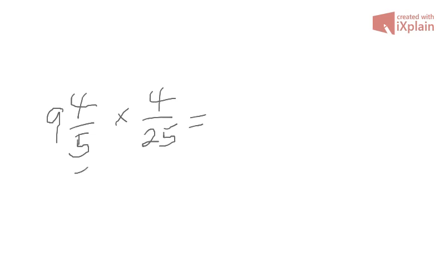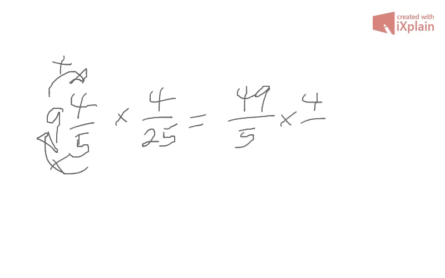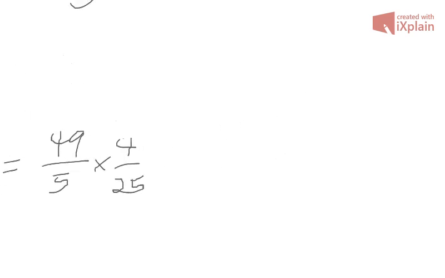You do 5 times 9, then you add that to the 4 that's already there. So 5 times 9 is 45, and then you add the other 4, you get 49 over 5 times 4/25.